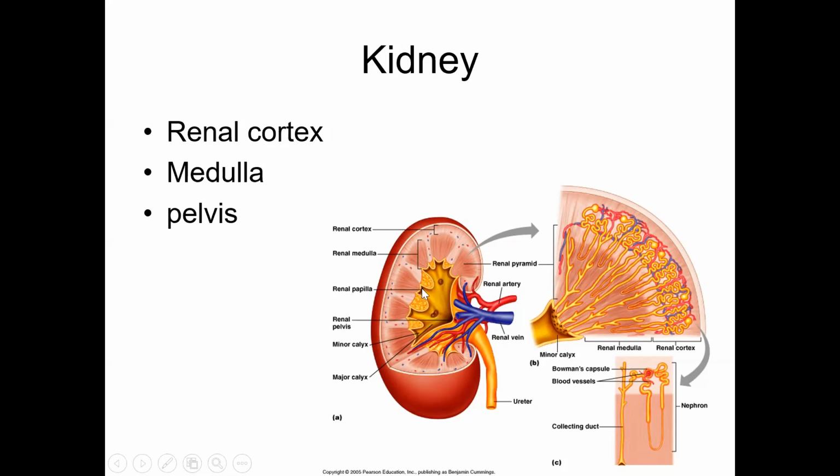In this traveling path, the majority of the materials will be reabsorbed back to blood. Finally, the leftover fluid in this area, the renal pelvis, is the fluid we call urine. Before this point, in the process of making urine, the fluid is called filtrate.